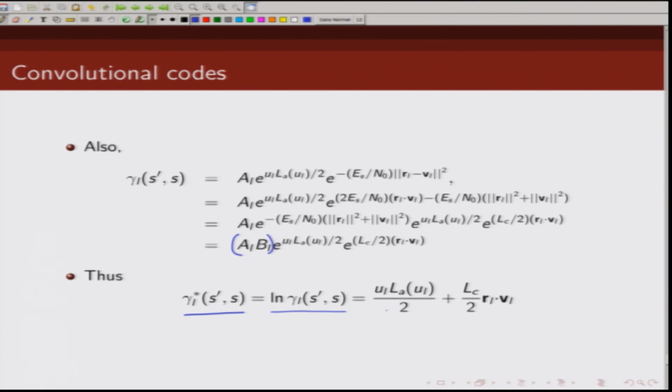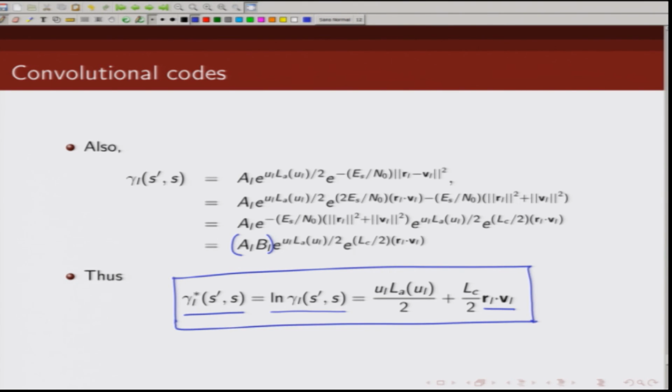So, then this will become UL times the a priori L value by 2 plus LC by 2 times the dot product between the received sequence and the transmitted code word. So, this will be then our simplified expression for branch matrix computation for BCJR algorithm over additive white Gaussian noise channel.